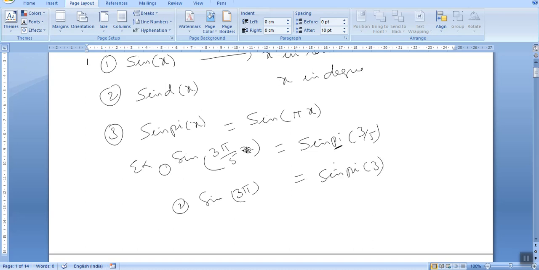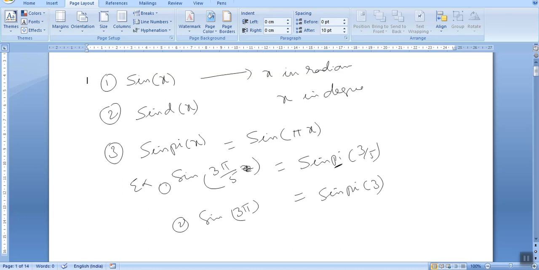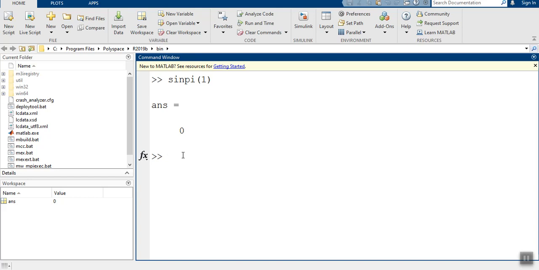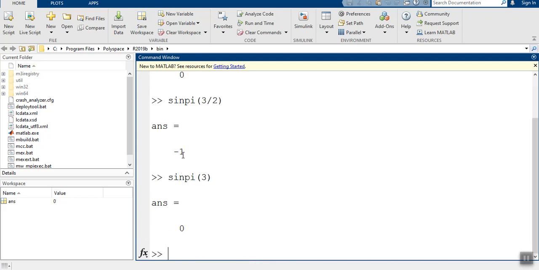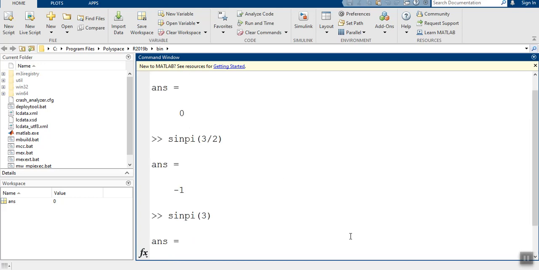Very simple procedure. Sinpi of 3 by 2, this value is minus 1. Sinpi of 3 is nothing but the sin 3 pi value. In a similar way, this is the sinpi function.